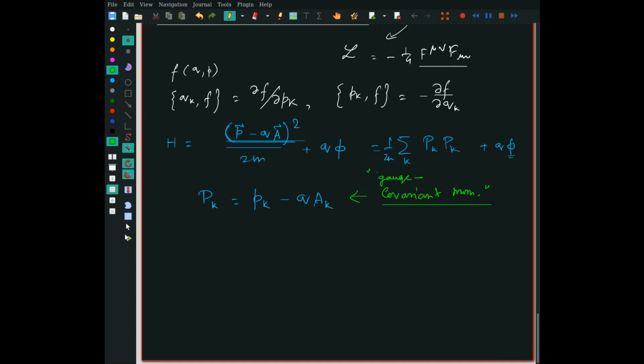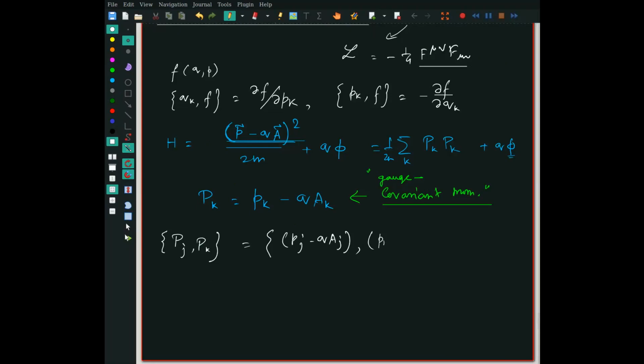Now, just for fun, if you take the Poisson bracket between two of these gauge covariant momenta, so this is your Pj, Pk, it is basically the Poisson bracket of Pj minus Qaj and Pk minus Q times Ak.